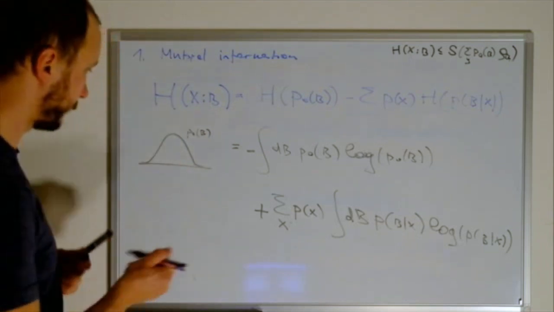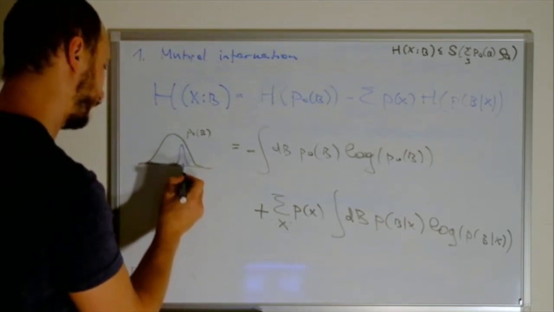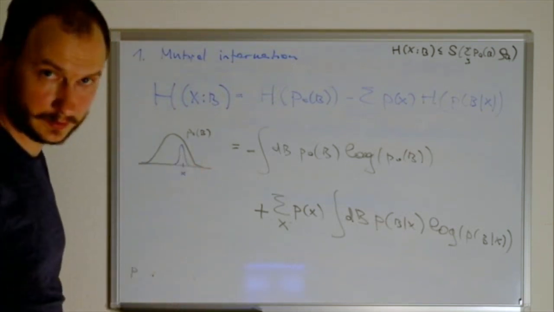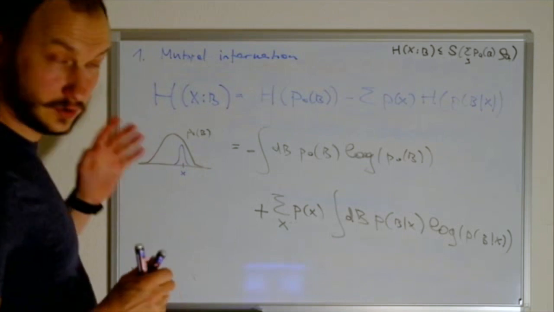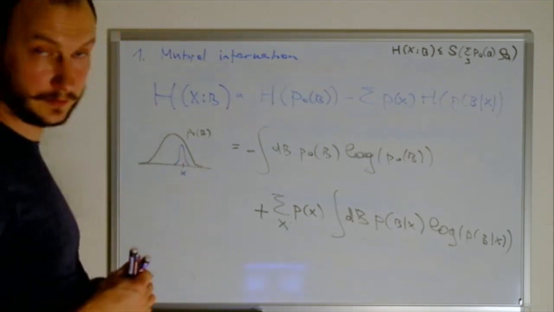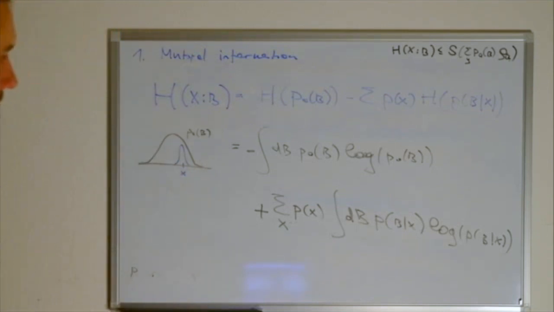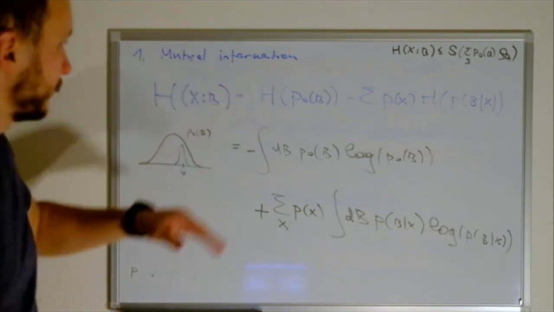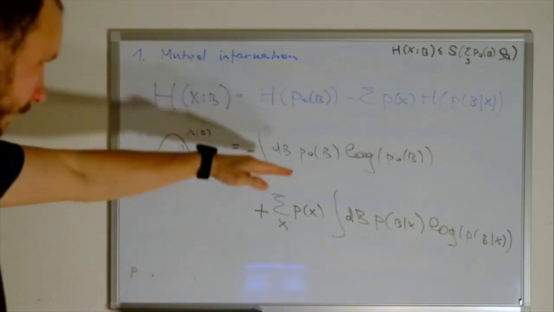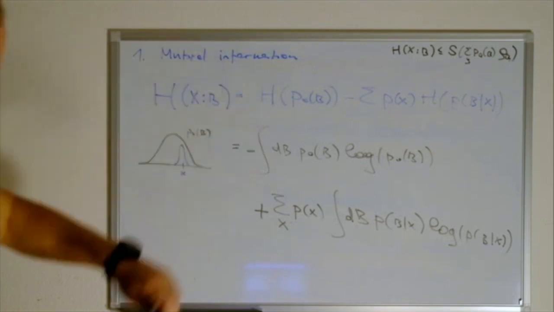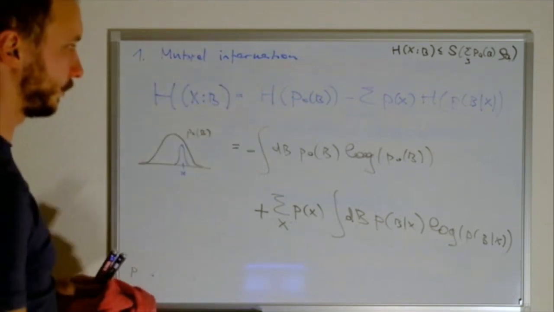Then we measure it, and for the x we get something like this, a narrower distribution, or at least a distribution which has a lower entropy. So with our continuous distribution, this is really just the difference of these two entropies.